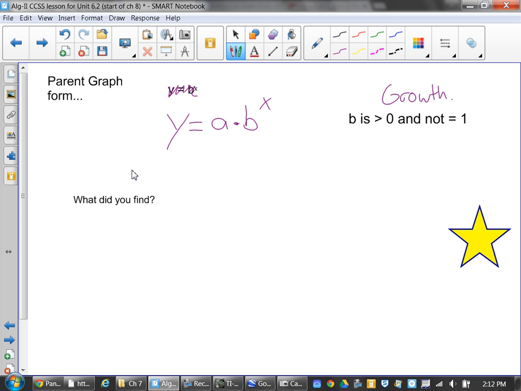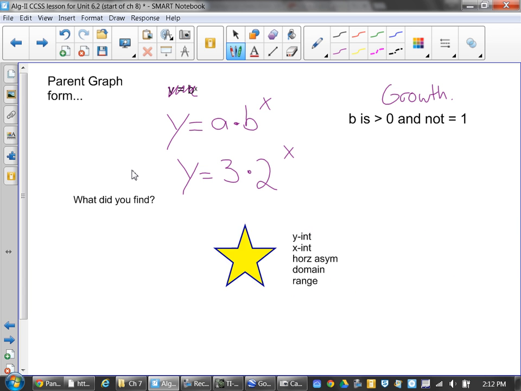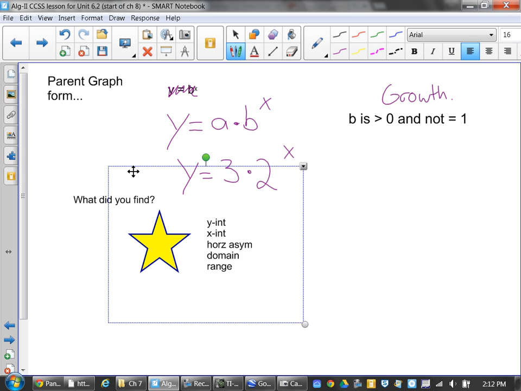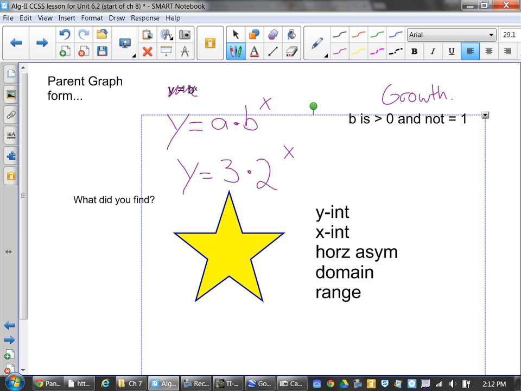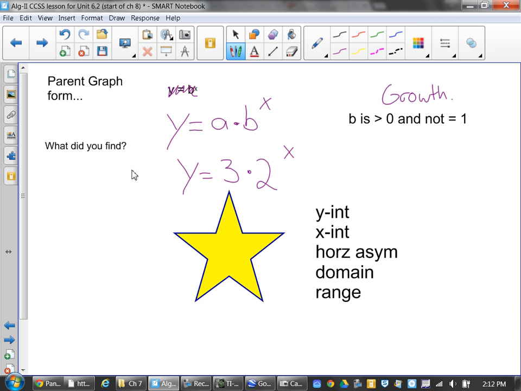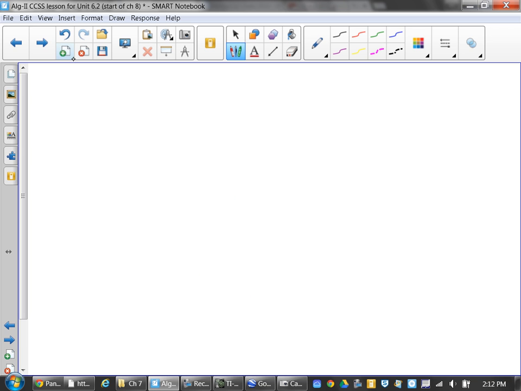Okay. There's a couple of things that happen. Now, let's look at y equals 3 times 2 to the x, and talk about some parts. Let's graph y equals 3 times 2 to the x.